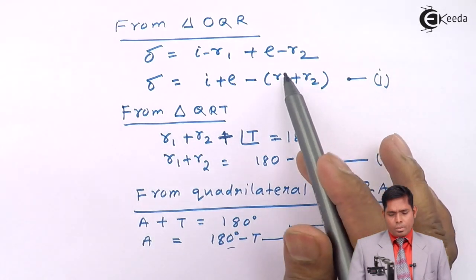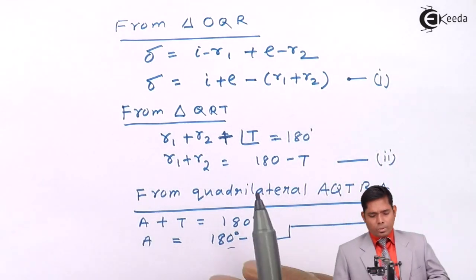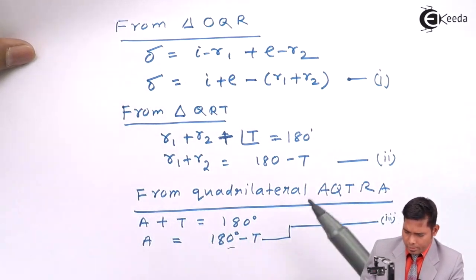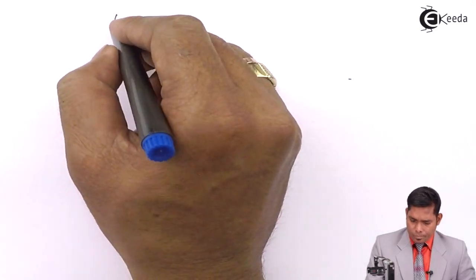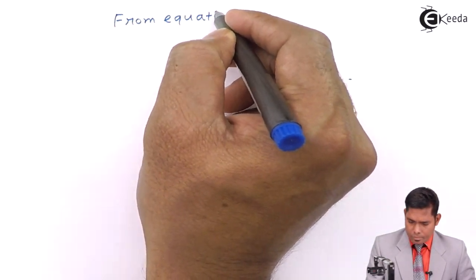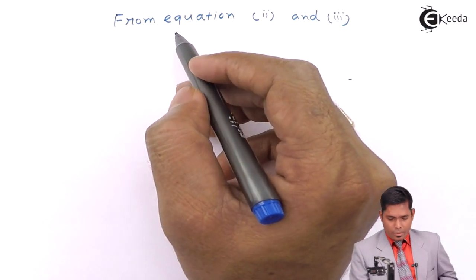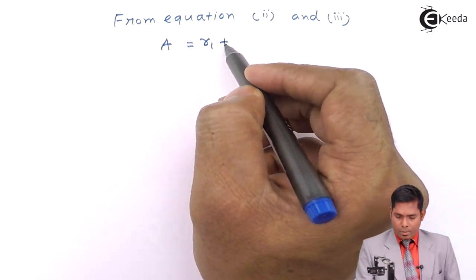So this will become A. That is what we are going to write now. From equations 2 and 3, A is R1 plus R2.